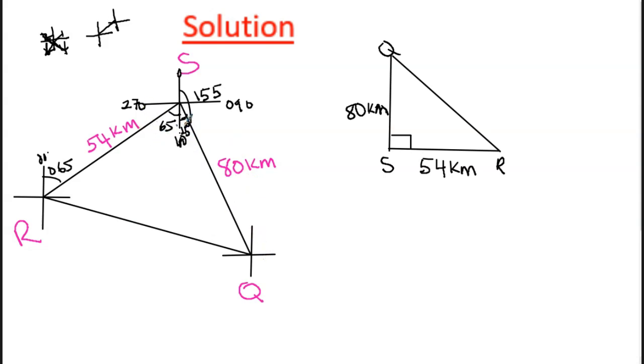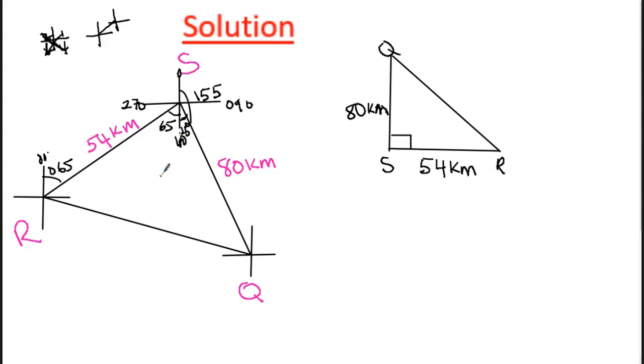Now why are we doing this? We always try to find this angle. Now 65 plus 25 gives us 90 degrees.